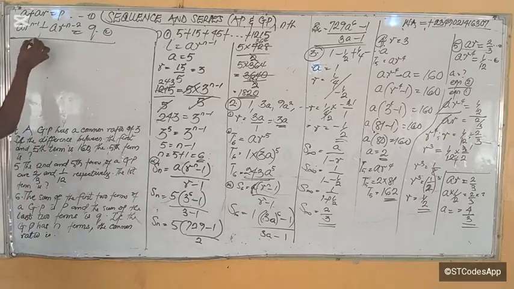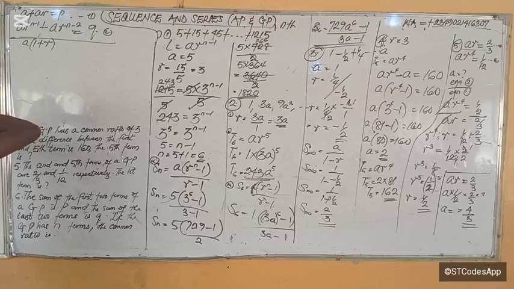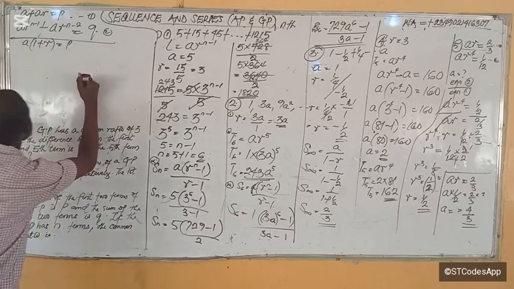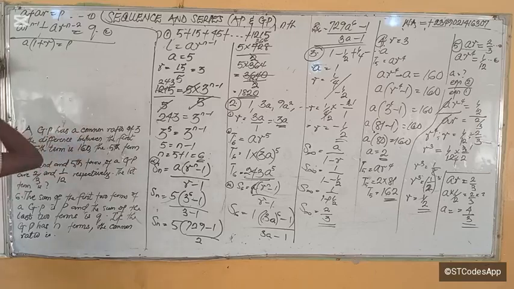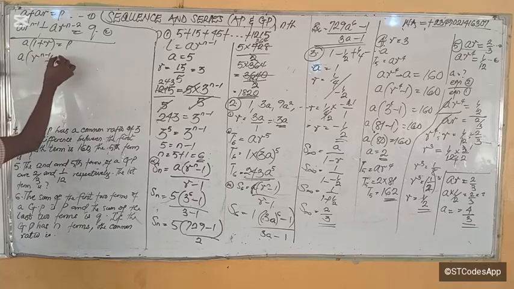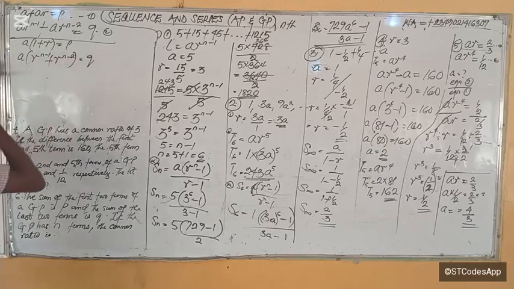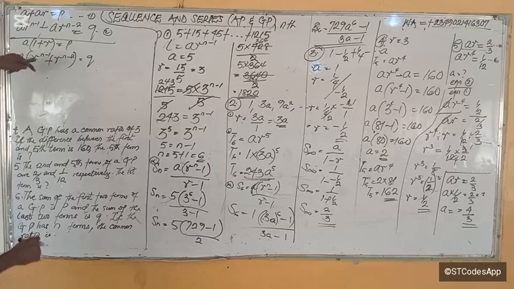From equation 1, we have that A into bracket 1 plus R is equal to P. And for equation 2, what is common here? A is common. A into bracket R to the power n minus 1 plus R to the power n minus 2 is equal to Q. What can we do from here?